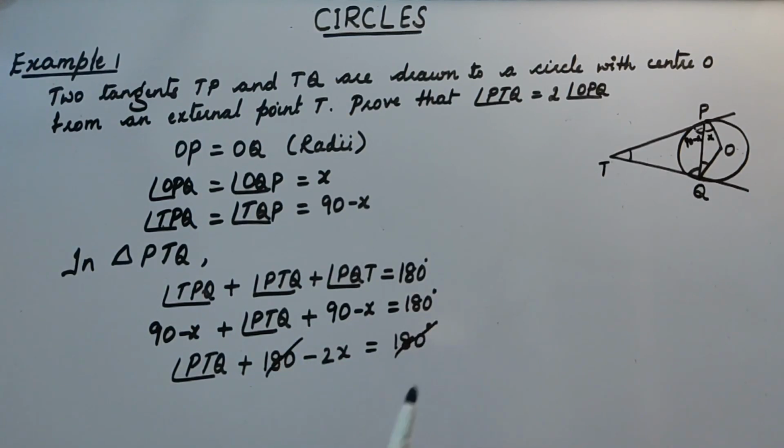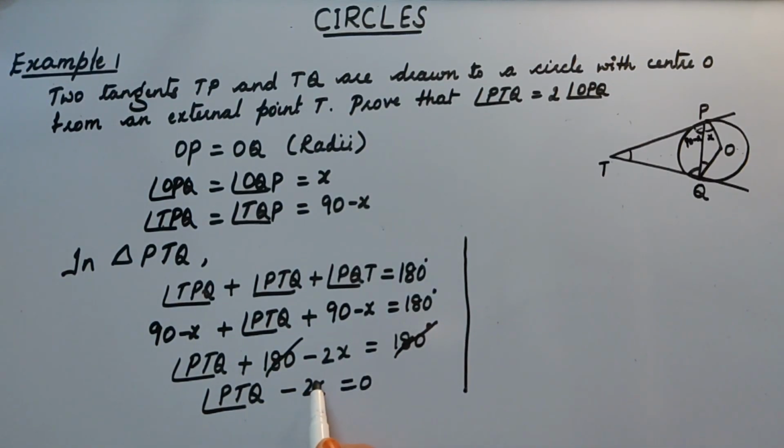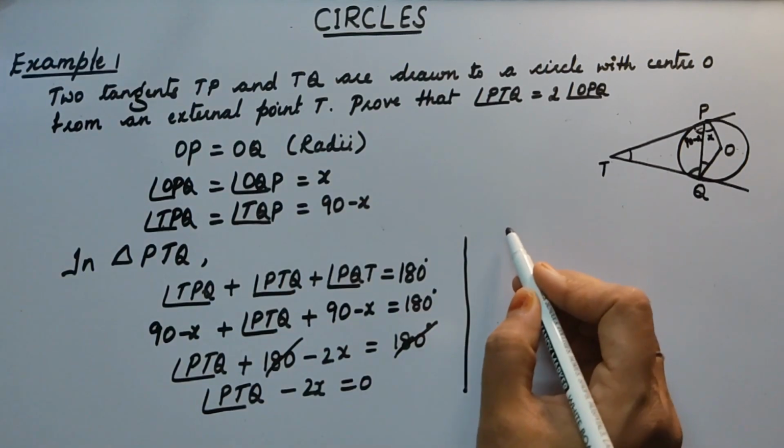The 180 degrees gets cancelled. Now PTQ minus 2x is equal to 0. Now let me send this 2x to the other side.